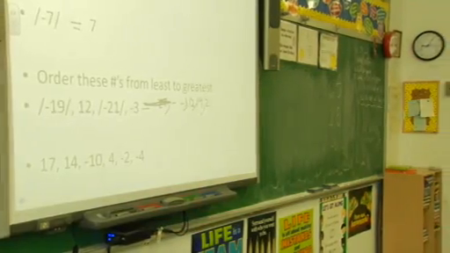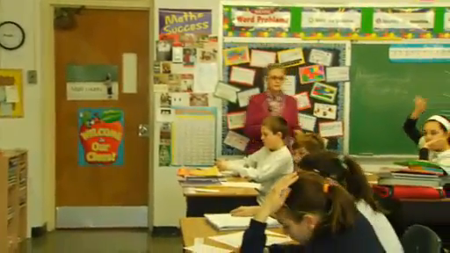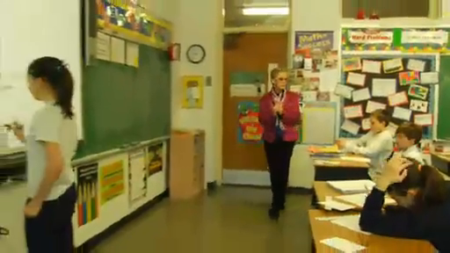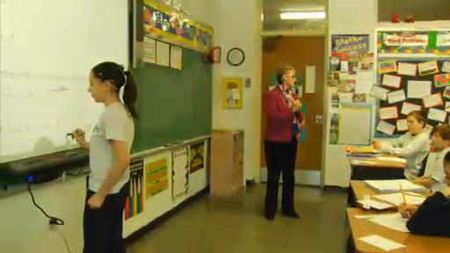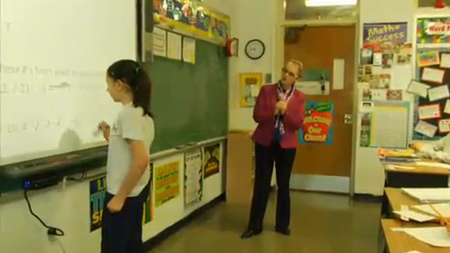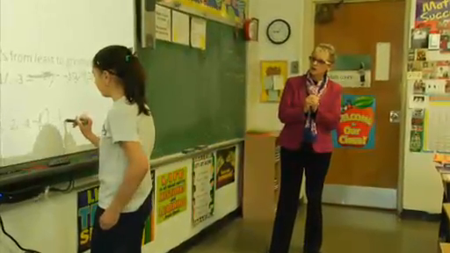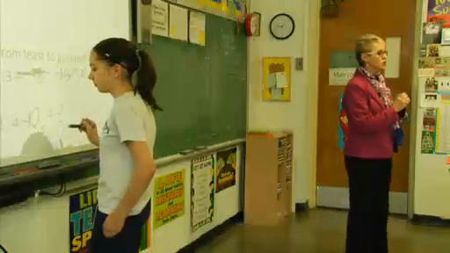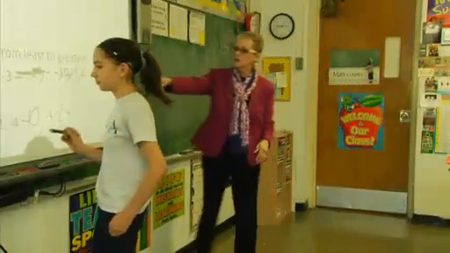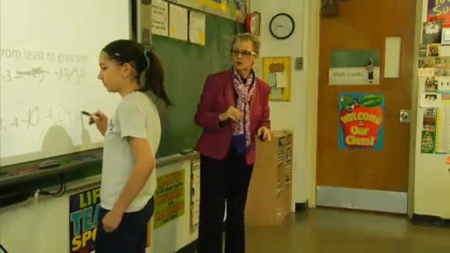Signs, but we're also looking at absolute value. So we have lots to look at. Mercedes. And remember, you want to make sure you know what your absolute value is and write it underneath. And you don't have to put those symbols on this side because that might just be too confusing. Just leave the symbols off when you're putting them in order.